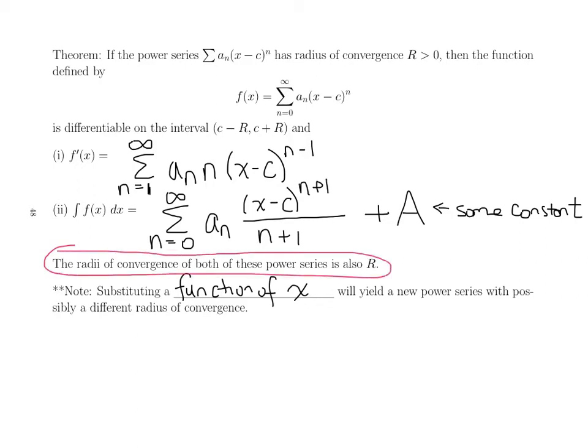So when you take the derivative of one of these things, you still get the same radius of convergence as you would for the original power series. And if you do substitute a function in, right, so if you're not doing 1 over 1 minus x, if you do something like 1 over 1 minus x squared, so if you plug something in that's a function of x, that's not just x, then you may actually change your radius of convergence. So differentiating and integrating does not change your radius of convergence, but substituting some function of x in definitely could change your radius of convergence.